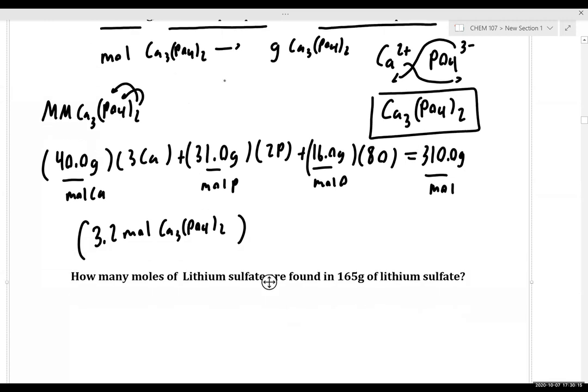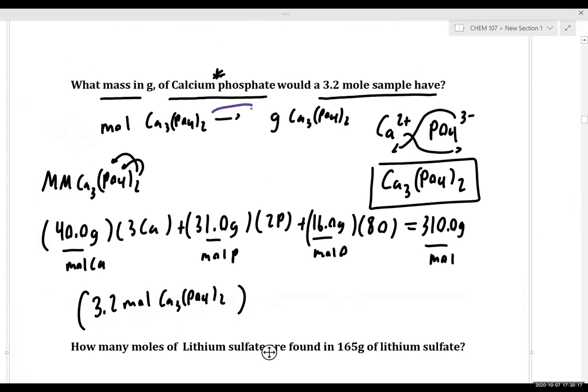To go from moles to grams, we want grams on top. So we plug in 310 gram per mole of calcium phosphate.